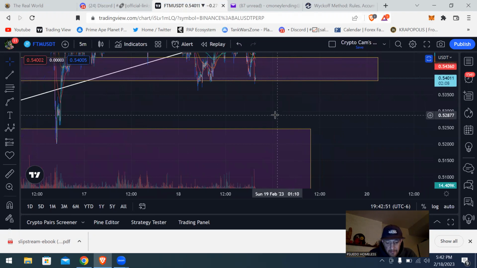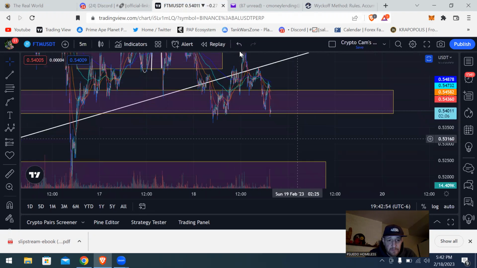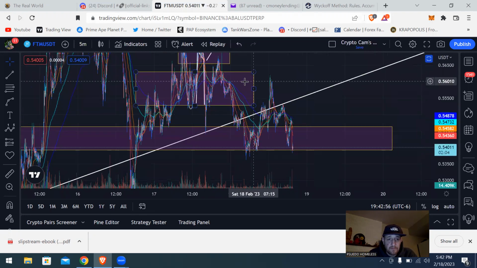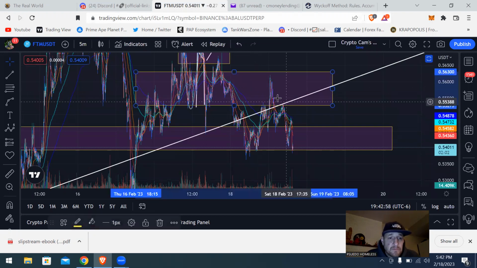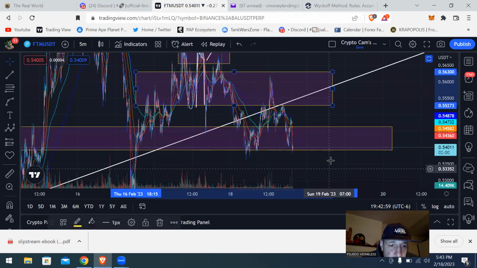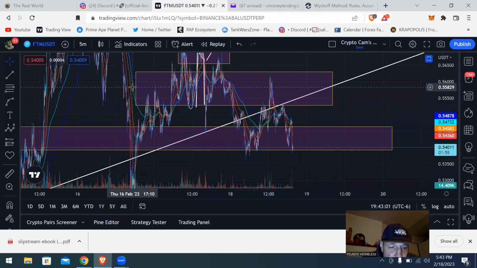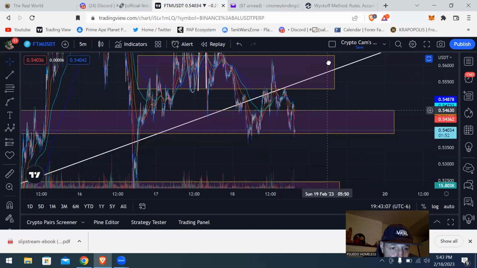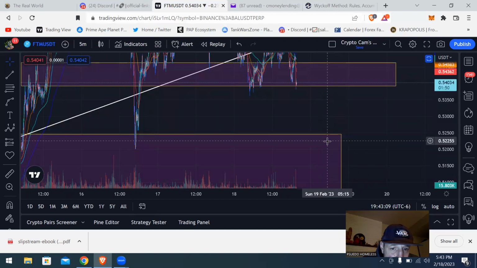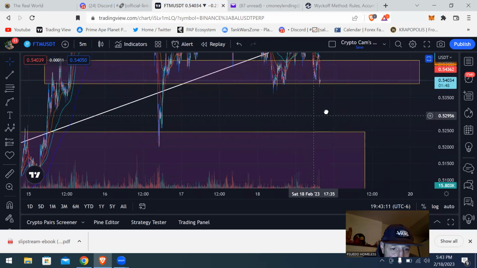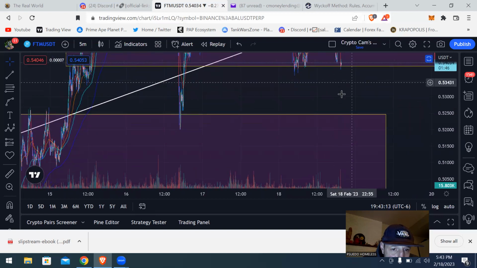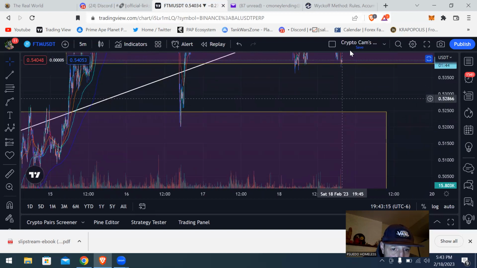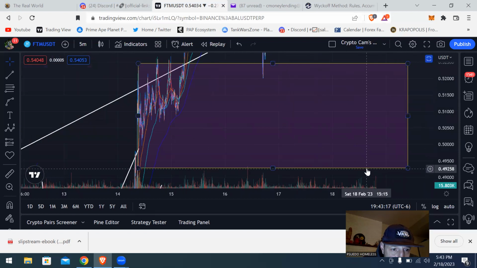And that makes sense because we were talking the other day about when price starts to head down, these are the supply and demand zones. Then we know it's going to come back and test that bottom zone where it has all the price action. So yeah, it could come here. It could even come down here.